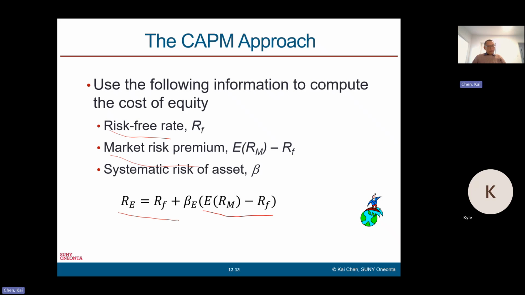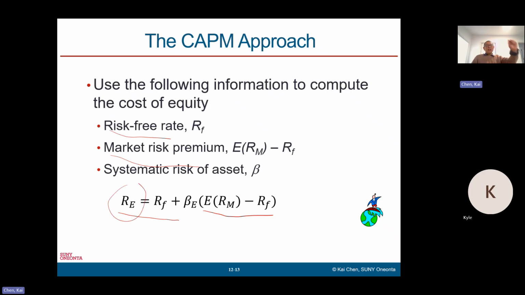Based on the CAPM, if we know the risk-free rate, can estimate the beta of equity or systematic risk of equity, and know the market risk premium, then we can use this formula to estimate the required rate of return.